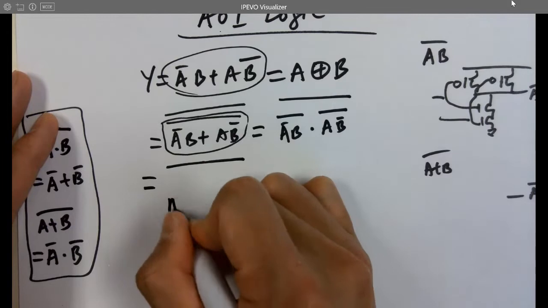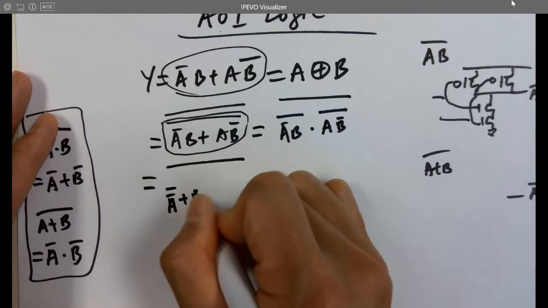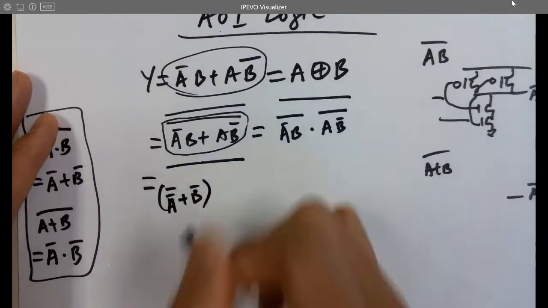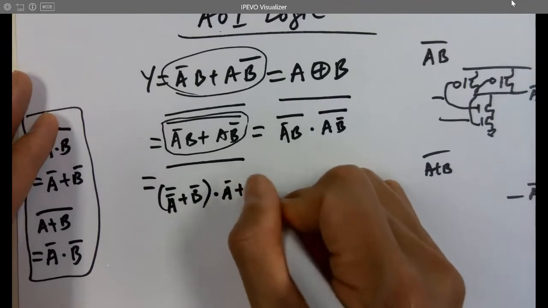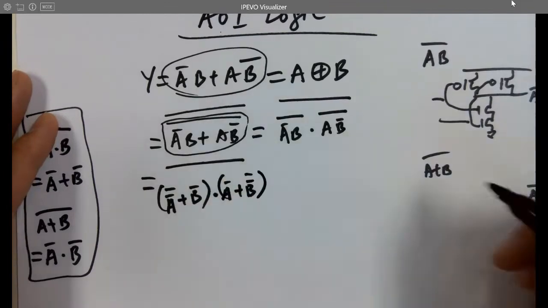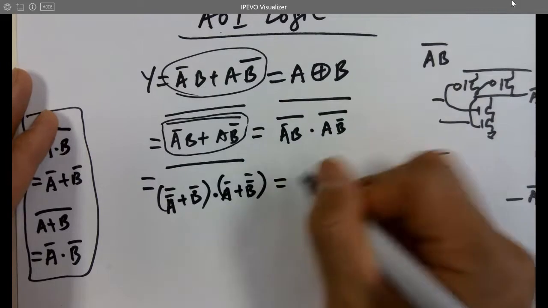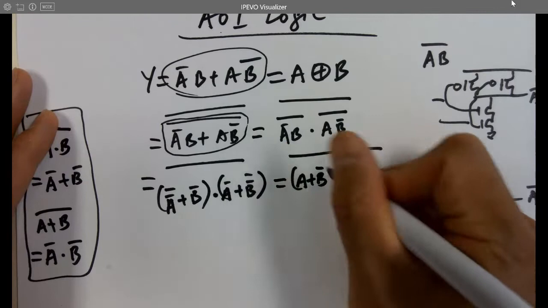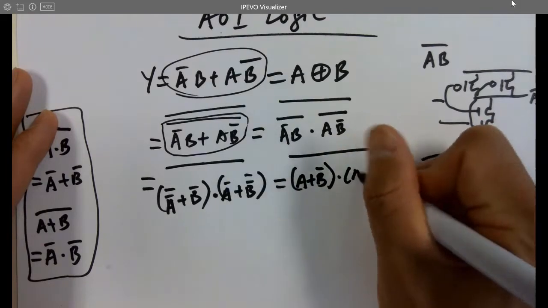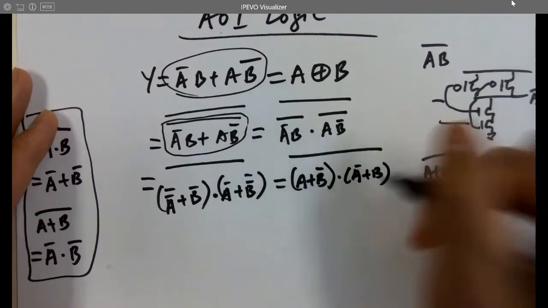You are getting A not or B not and A not or B not. And this equals A or B not and A not or B.